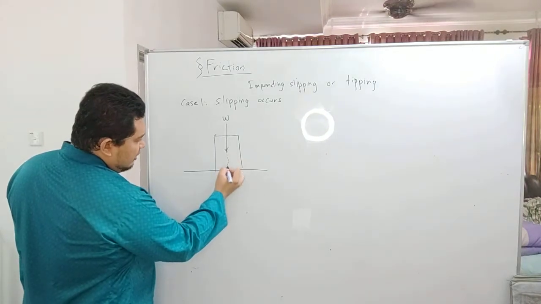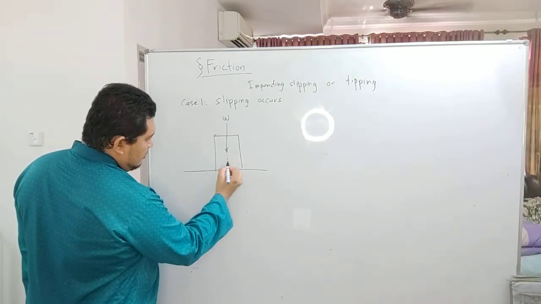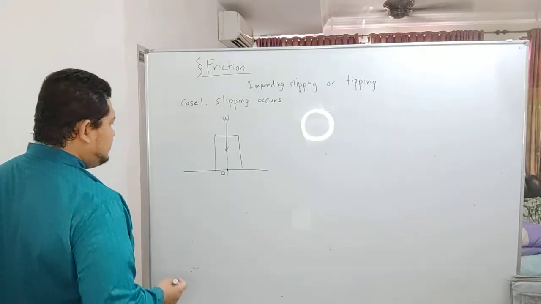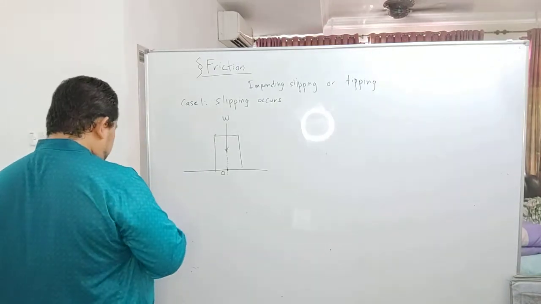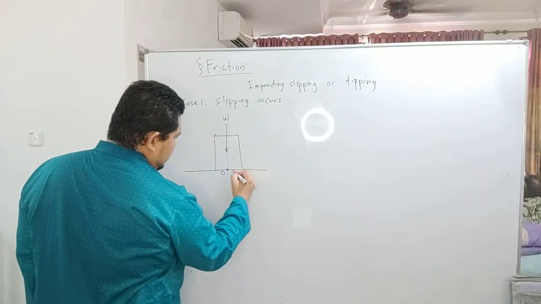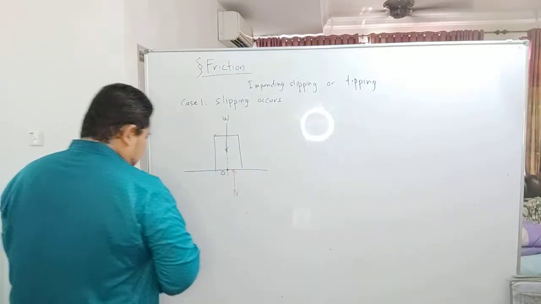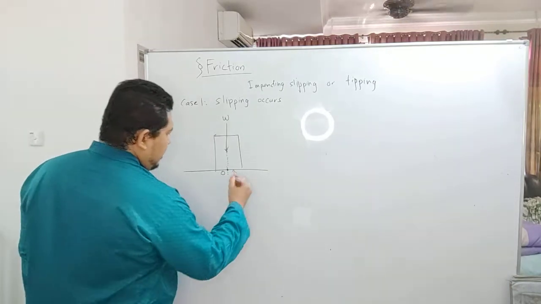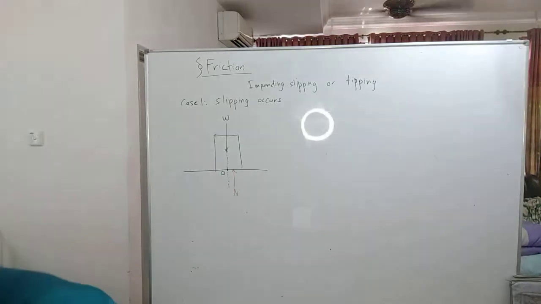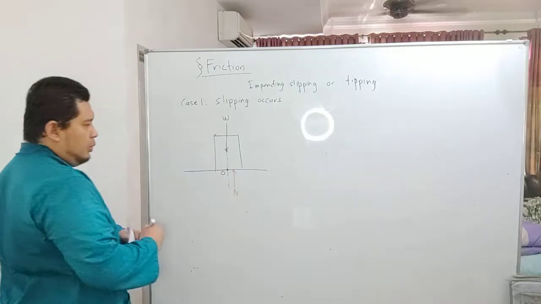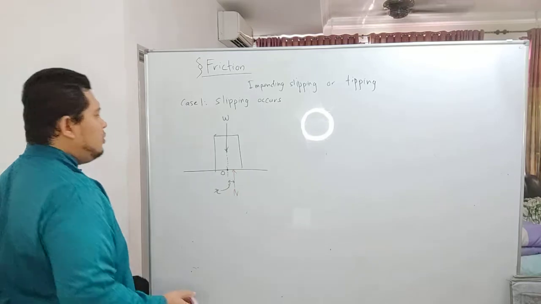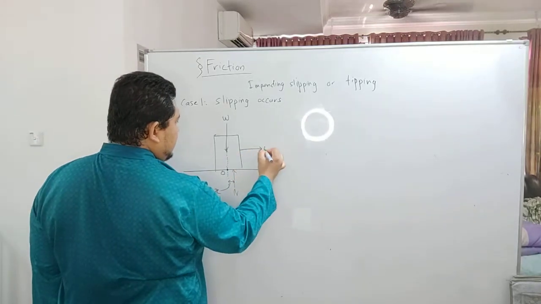Then you must extrapolate this line over here towards the ground, where you have the O position over here, and then you have the normal force over here. Then you will have this distance between O and N, which is X over here, and then you have the force applied over here, P, the applied load.